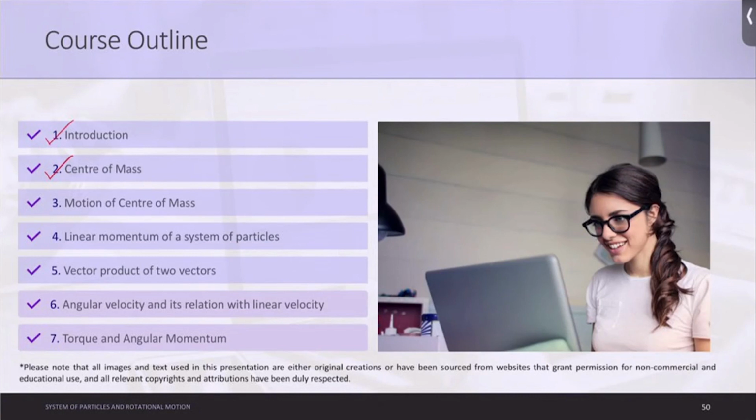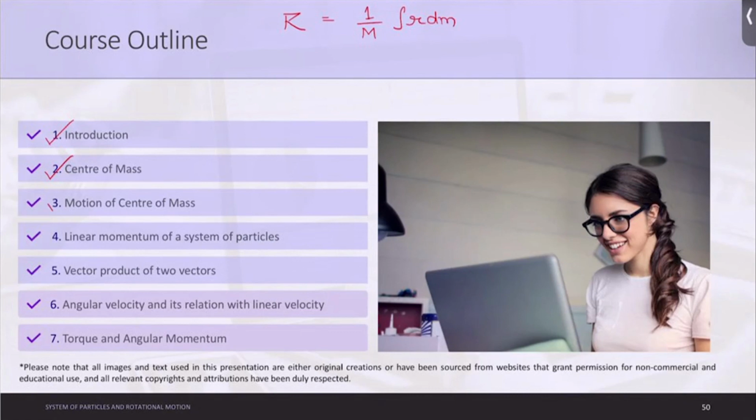In center of mass, if I write the vector notation of this understanding, I can simply write it as R equal to 1 upon M integration R dm. Okay.